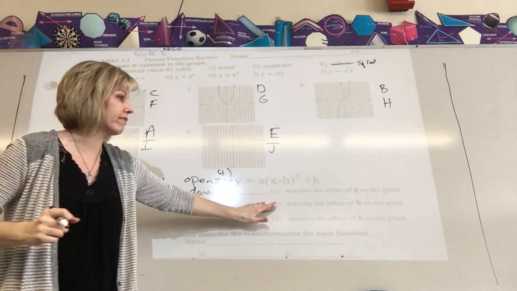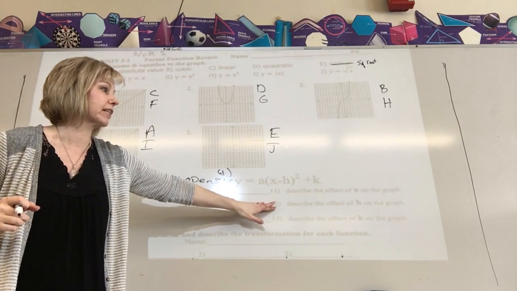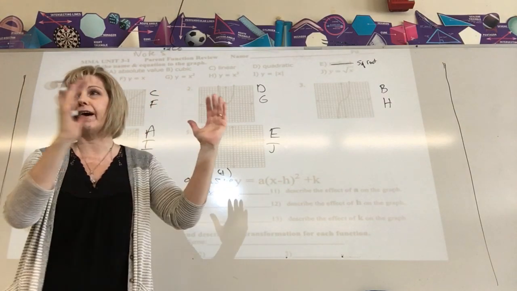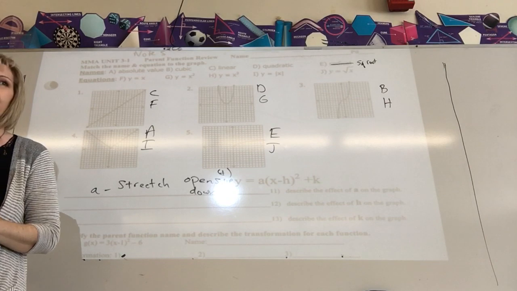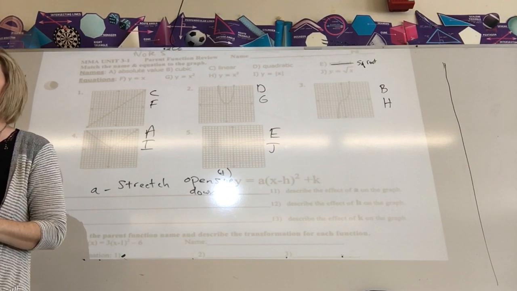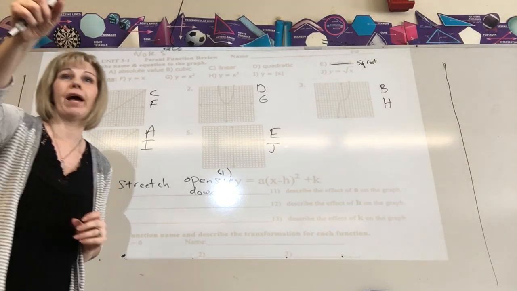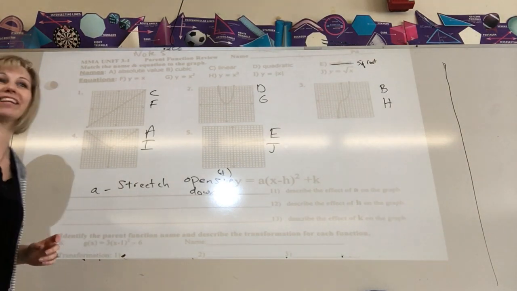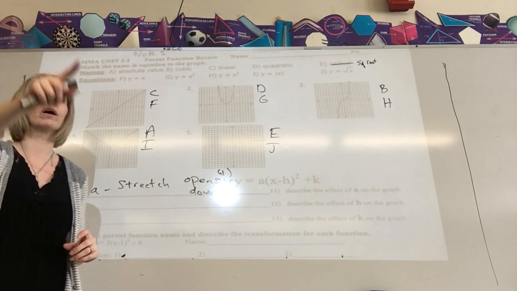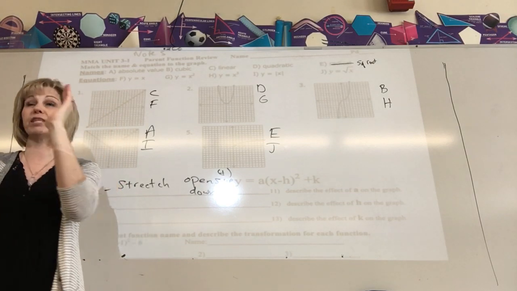For number 12, it says describe the effect of H. So how did H affect the graph? What did it move? Do you remember which way it moved? It moved the vertex. Okay, so which way? What was that called? Horizontal. Okay, horizontal, which is what direction from 0?